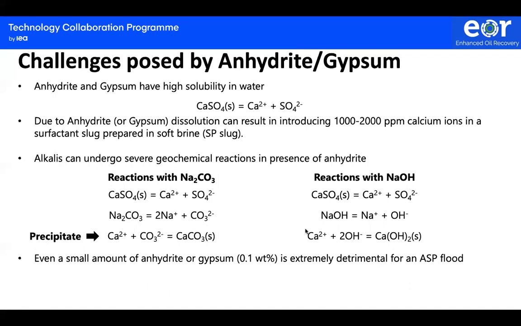So because of this precipitation, you have alkali consumption, your pH propagation is delayed, and so on and so forth. What is more worrying is that even a small amount of anhydrite, as low as 0.18%, which is difficult to detect from XRD analysis, is enough to cause severe damage to your ASP flooding.